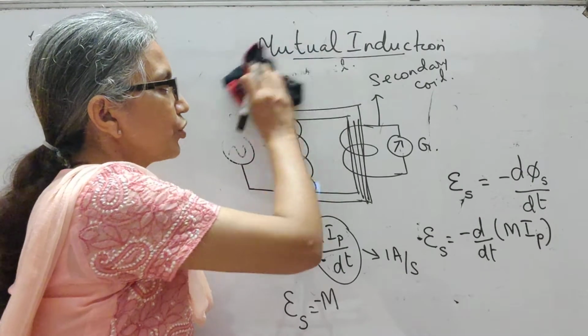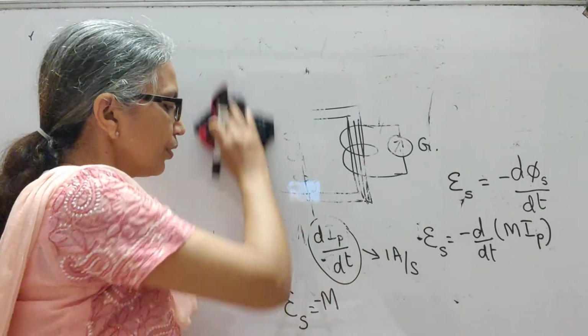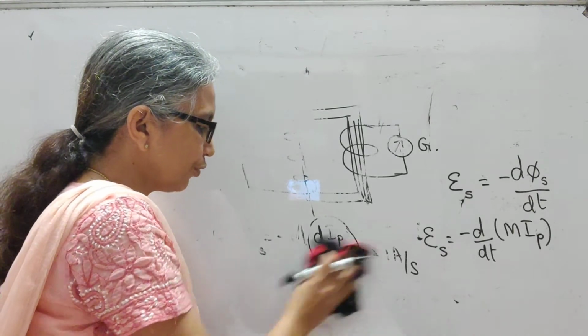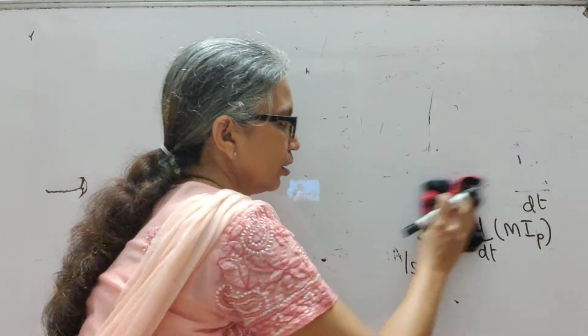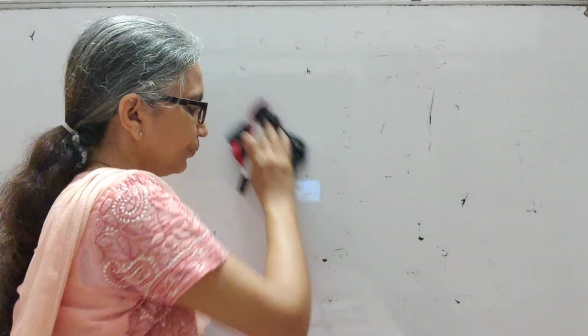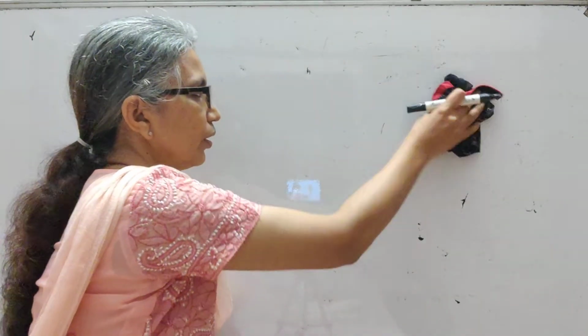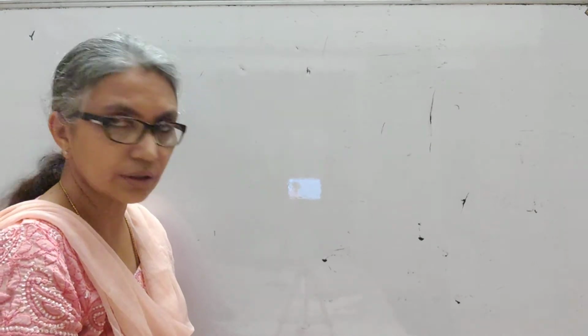In the same section, we have a derivation, which is to derive the expression for the mutual inductance of a pair of coaxial solenoids. Okay, solenoid.